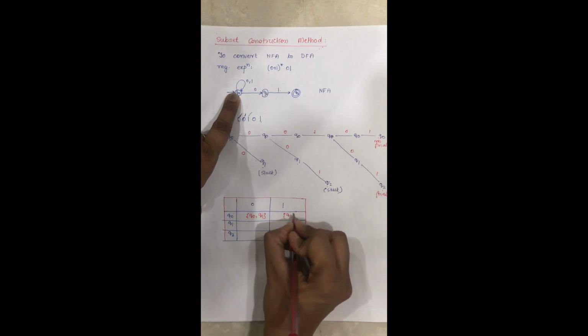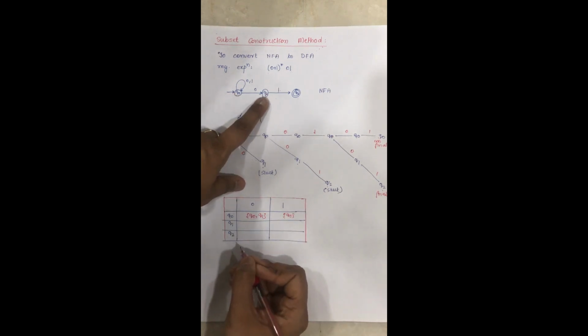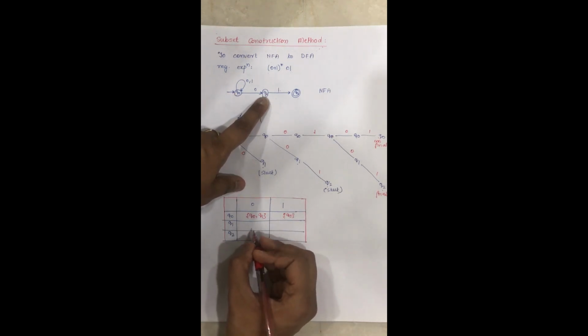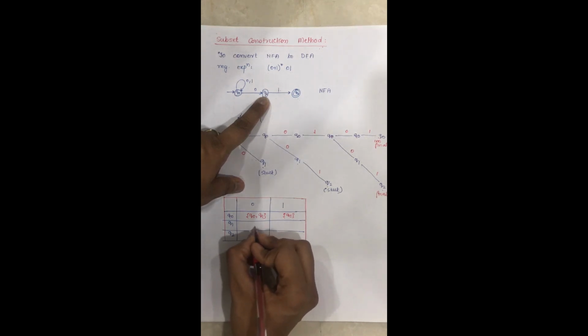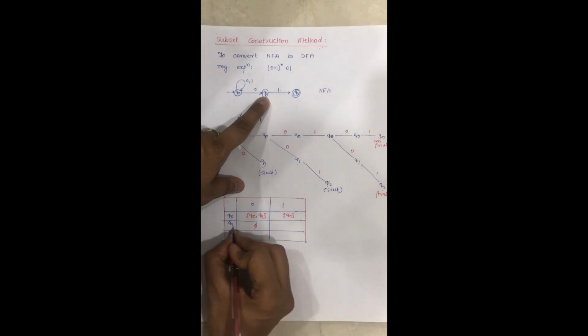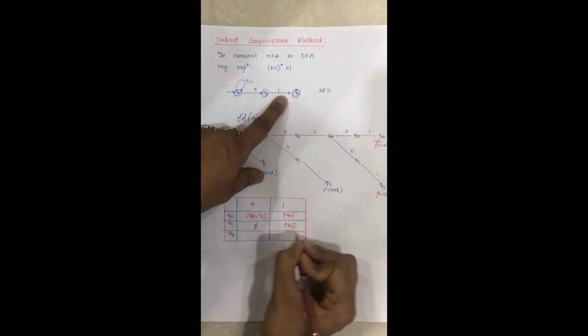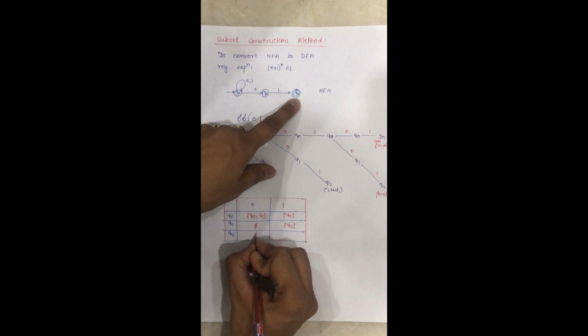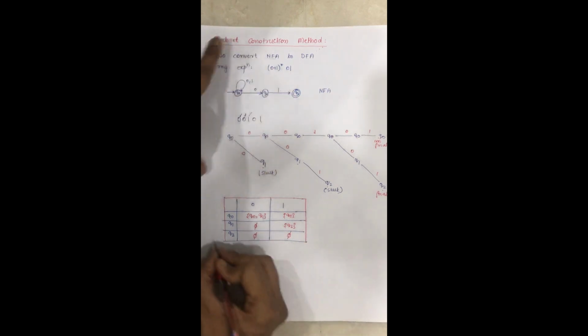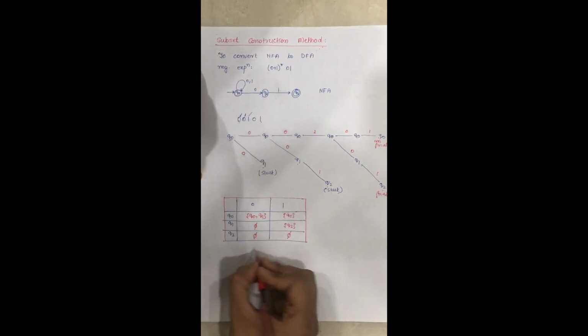So here we can write Q0. At Q1 for input symbol 0, there is no transition. At Q1 for input symbol 1, the next state is Q2. Now at Q2 for 0 and 1 there is no transition. So in that way we can plot the table.